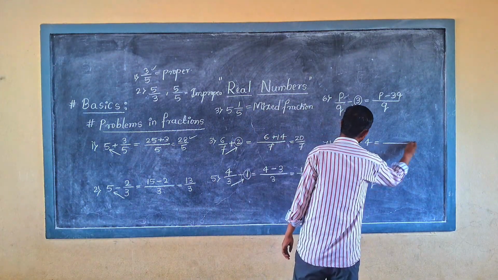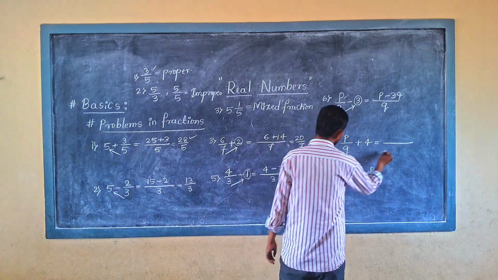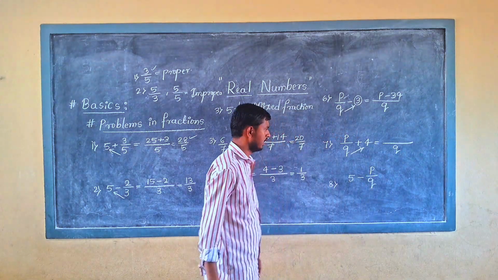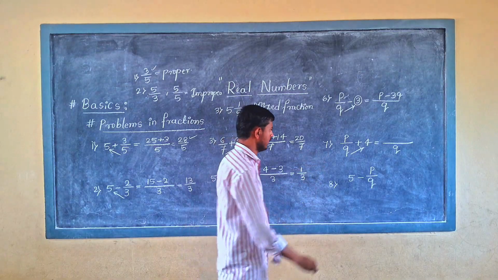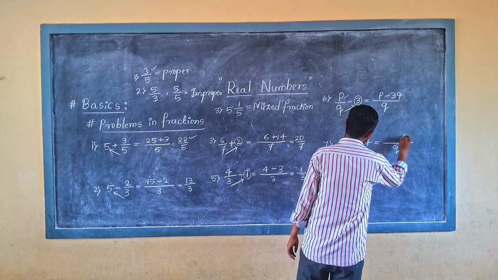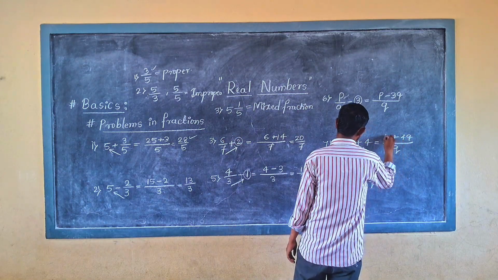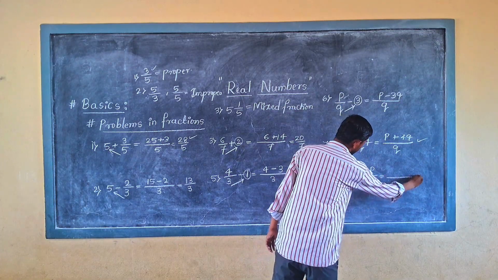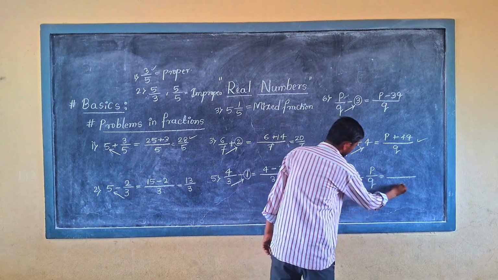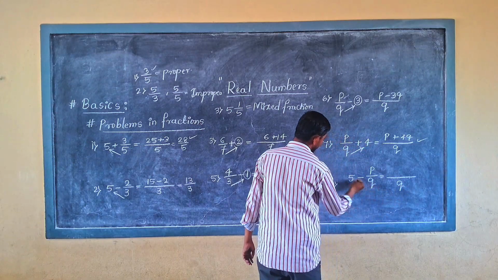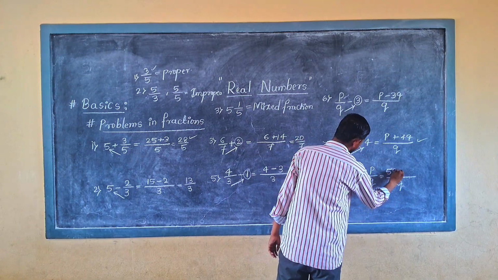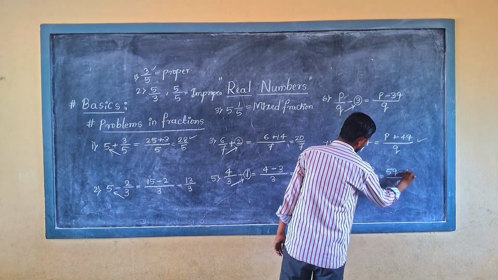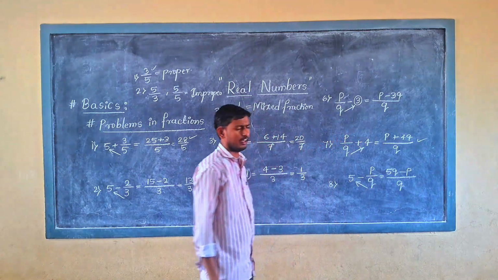Is equal to, dash, here the denominator is q, multiplied a single number with the denominator. 4 qs are 4q plus p, this is the answer. Is equal to, dash, denominator is q, 5 qs are 5q minus p, this is the answer.